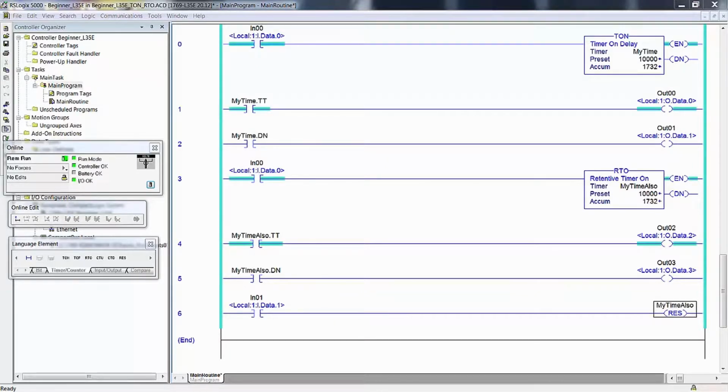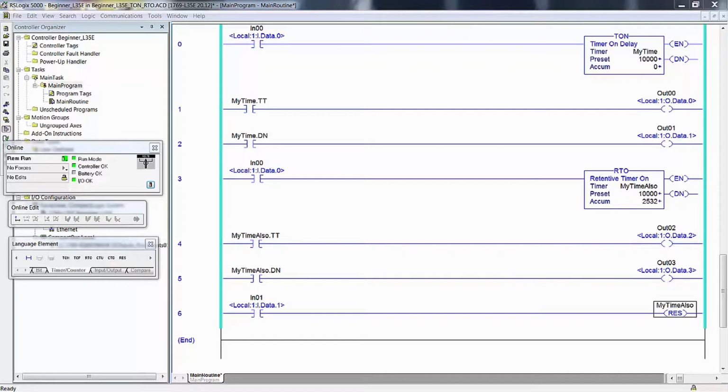And then let them both run, you'll see that they're accumulating at the exact same identical rate. They'll reach the done state during the same program scan, but what we were demonstrating was something more like this.